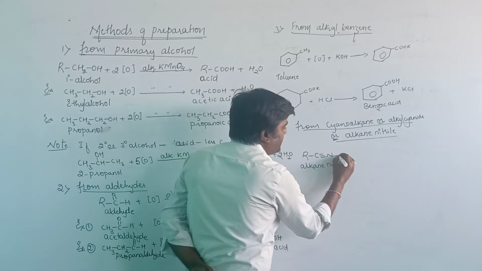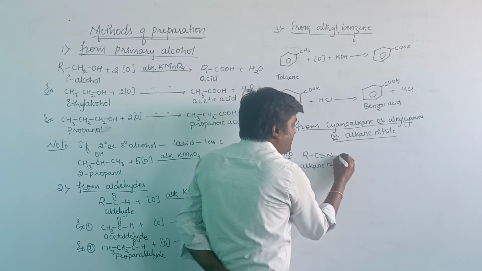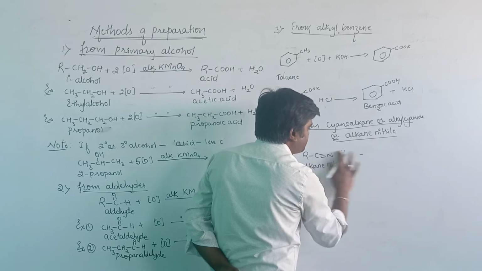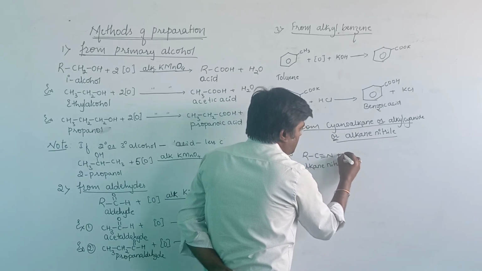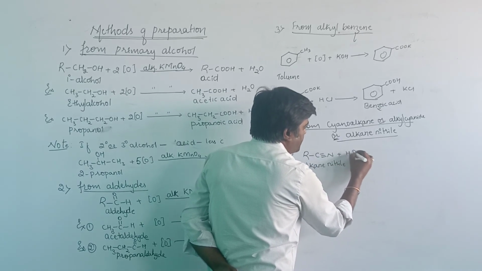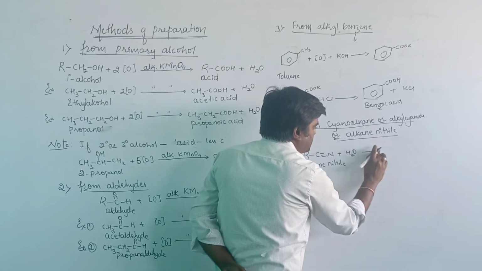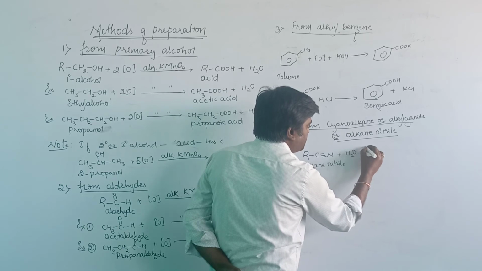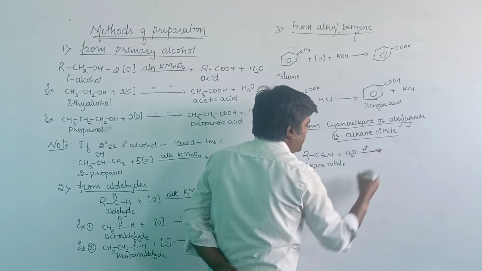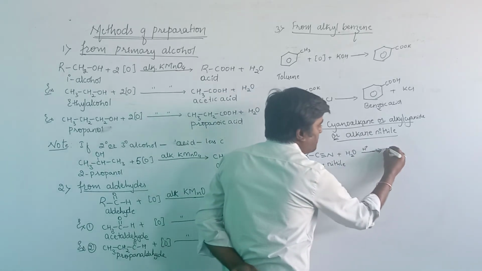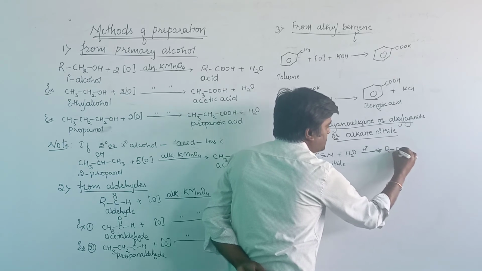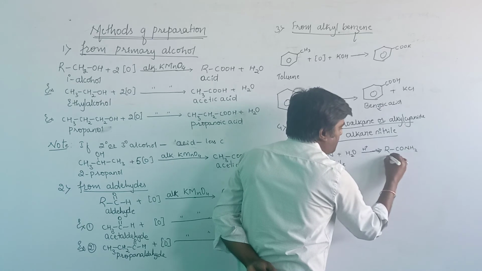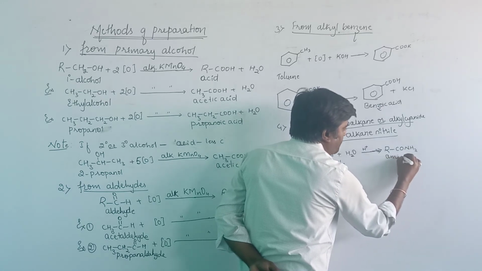When the alkane nitrile undergoes hydrolysis, H2O in the presence of hydrochloric acid, that is H plus, then it will give the compound amide, RCONH2. This compound is known as an amide.